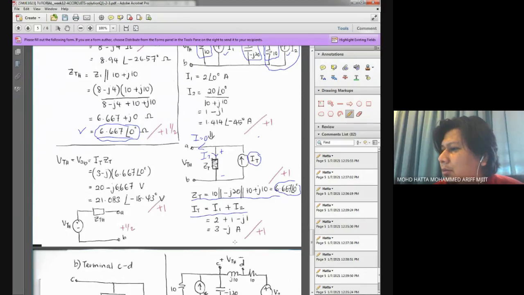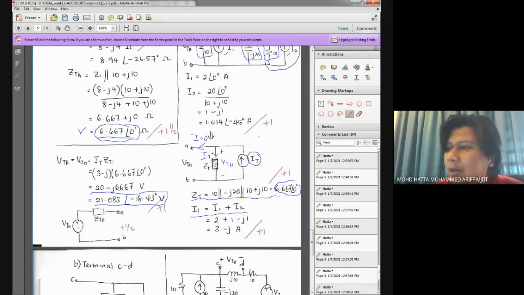So the VTH we are looking at here is basically the voltage across this Z total, and just using basic Ohm's law, we can find our VTH value by multiplying I total and Z total. And as usual, since this is a Thevenin equivalent circuit, you need to draw this kind of circuit connection, and you should get marks by doing that as well.